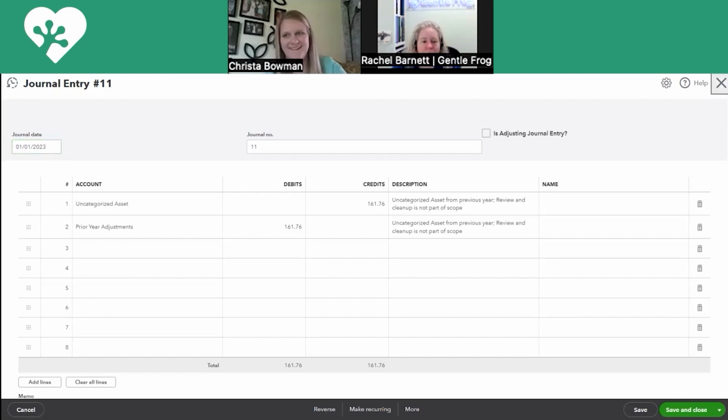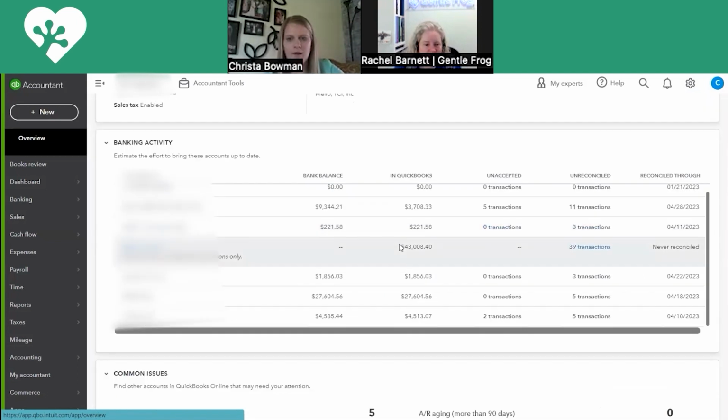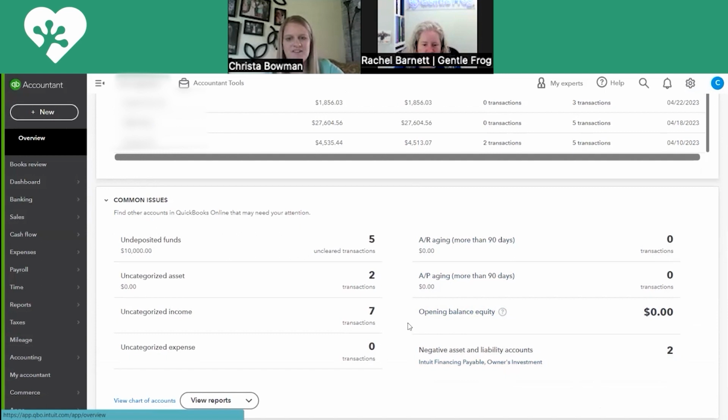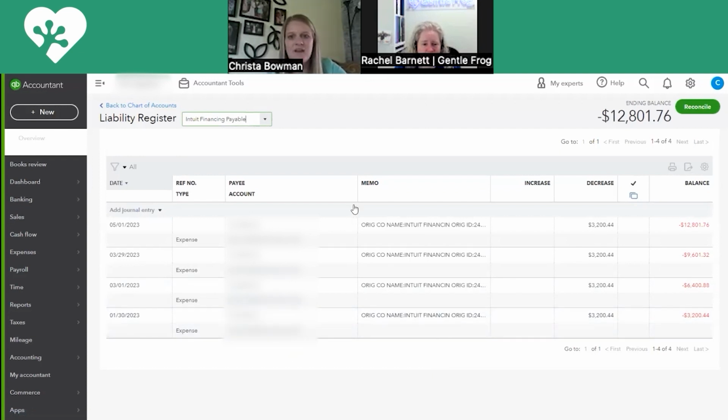Okay, that makes sense. These uncategorized income items are all those deposits that we've already talked about, so I'm just waiting to hear from the client. Another question I had, which might also need more from the client: he has an Intuit financing loan.